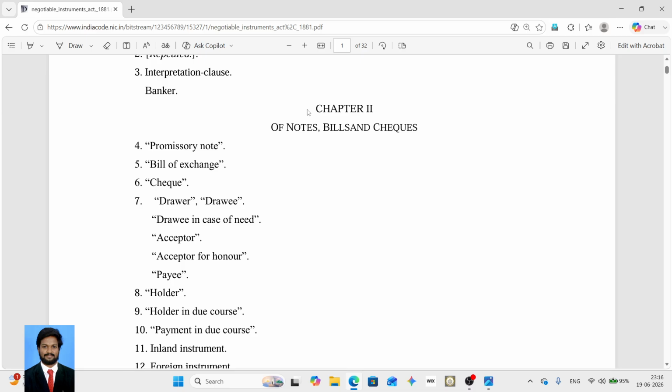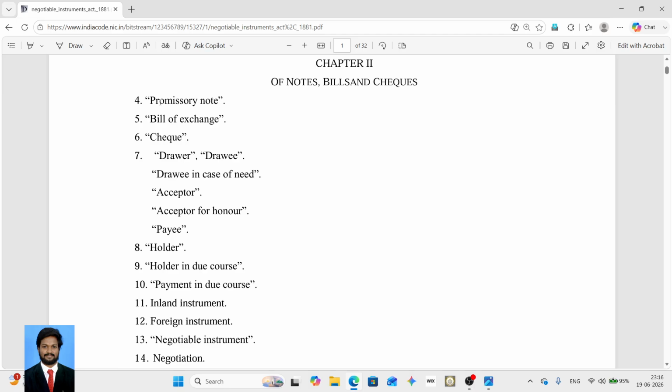Okay, let us go through the next chapter, chapter 2, of notes, bills and checks. Section 4, promissory note. 5, bill of exchange. 6, check. This act says about these 3, so we have to remember sections 4, 5 and 6.